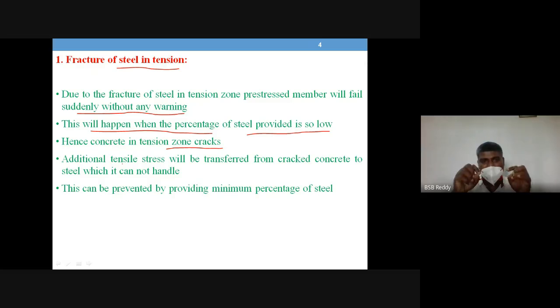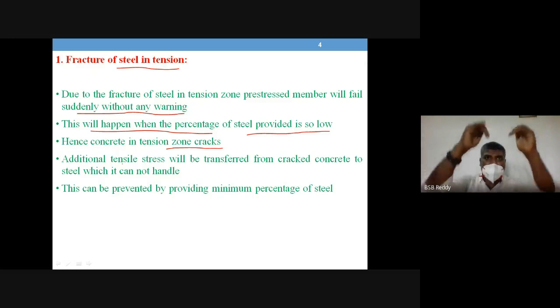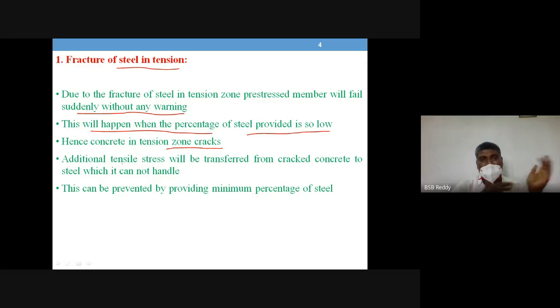Once the concrete cracks at the bottom, the stress taken by the concrete will be transferred to the steel. This is unexpected. Concrete has some compressive stress in it, so when the load comes on it, it balances the tensile stresses.